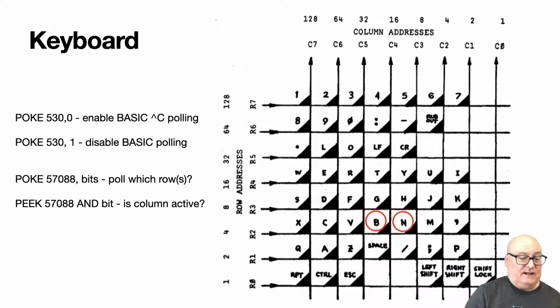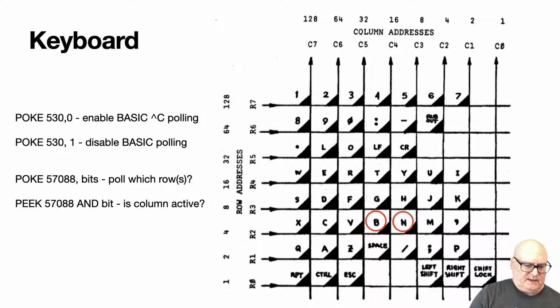So to find out if A was hit, you would go to R1, row 1, down on the bottom, and you would look in column 6. And if you asked for row 1 and looked at column 6 and that bit was set or cleared, it would tell you if that key was active or inactive.